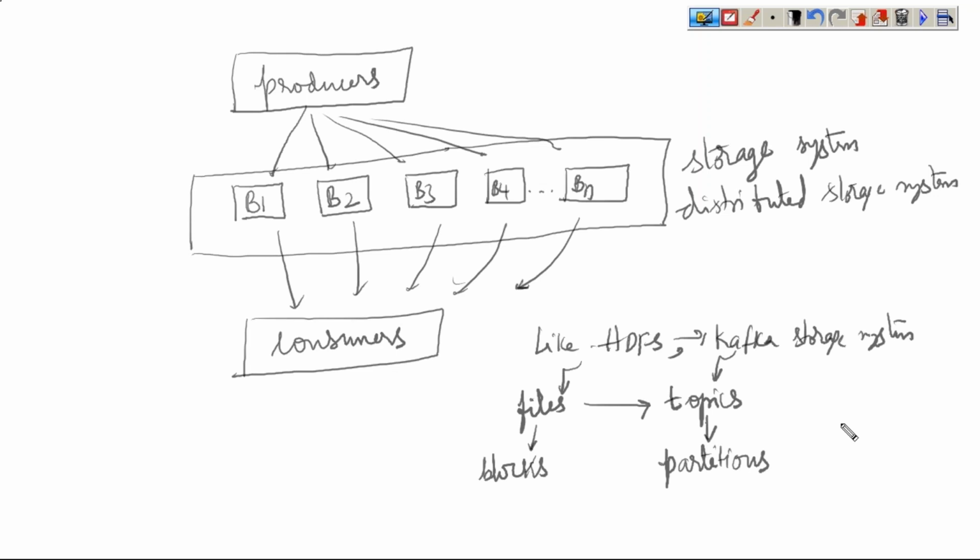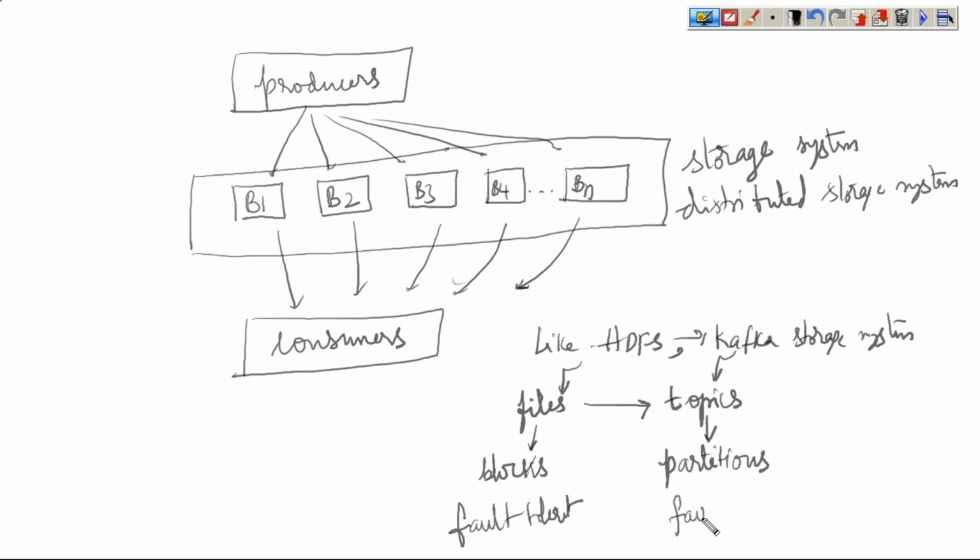Okay, similarly Kafka is also a fault tolerant system like HDFS. How it is fault tolerant is by replication. By replicating the blocks, replicating the files, HDFS will be fault tolerant to data loss.